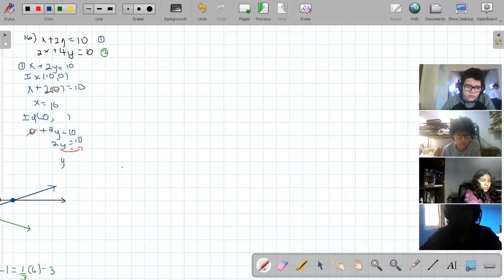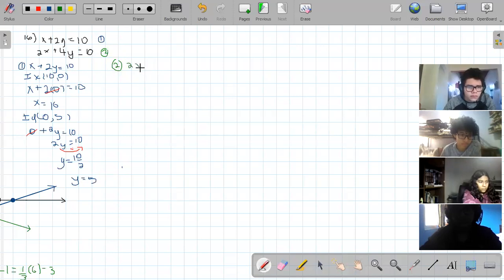Okay, and we have that y is equal to 10 over 2. How much is 10 over 2? 5. Okay, very good. And I finished the first one: (10, 0) and (0, 5).